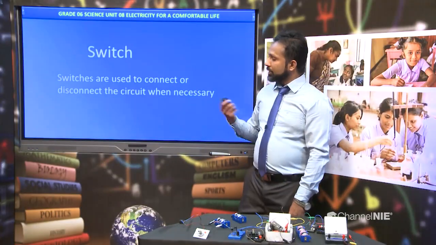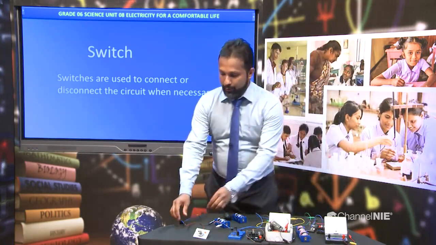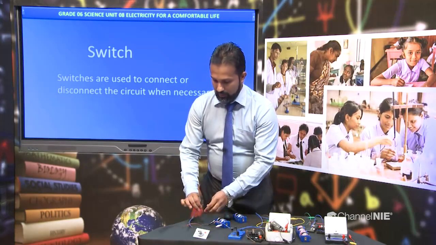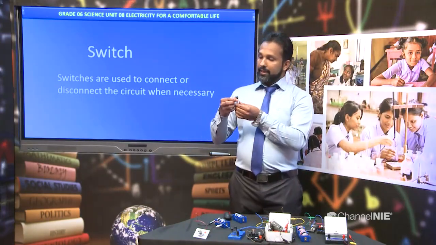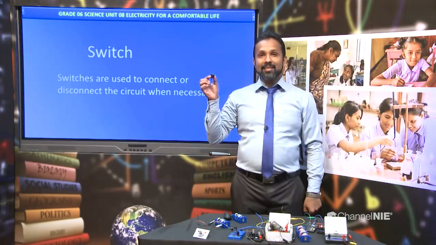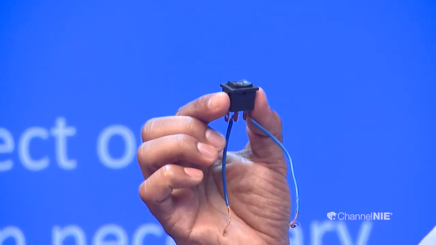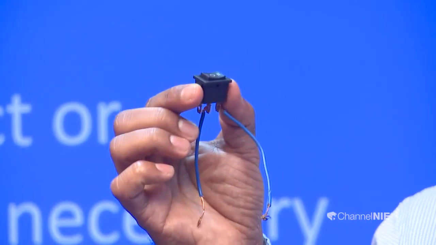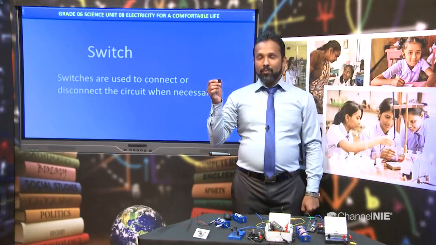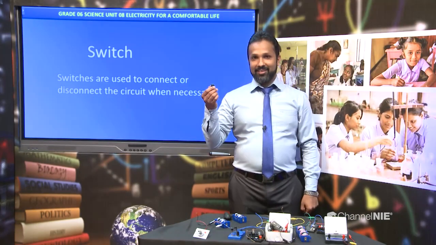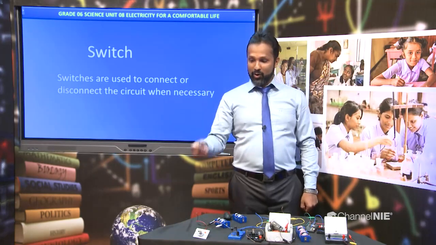Then the switch. I am going to show you switches used in circuits. This is a very simple switch. You can watch this very carefully. And also, I am going to show you another switch that we use in our laboratory.